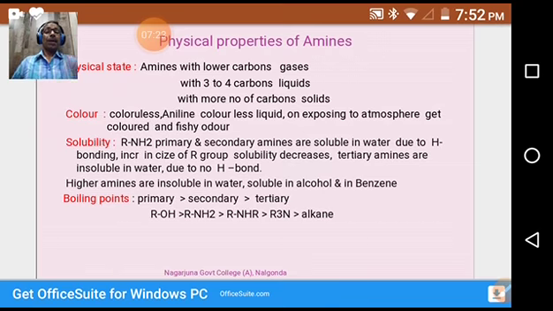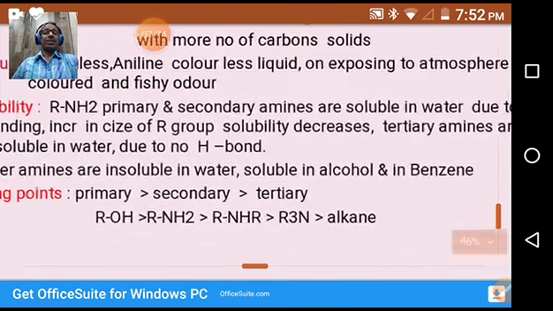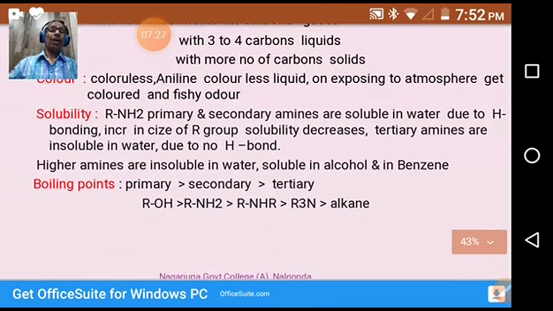Coming to the boiling points. When we compare the boiling points, primary amines have a higher boiling point than secondary. Secondary amines have a higher boiling point than tertiary. This is due to intermolecular hydrogen bonding, because the molecules get clustered and assembled.